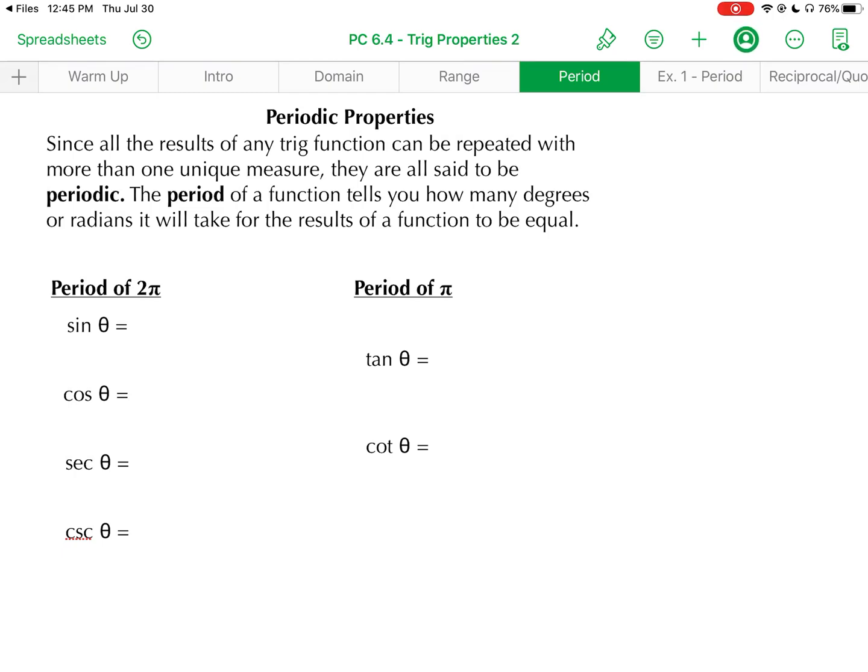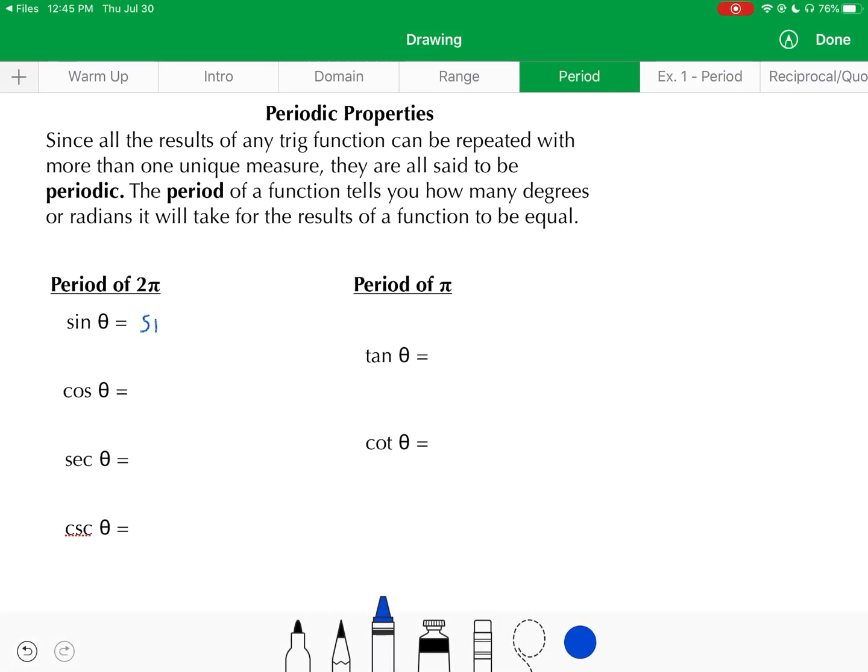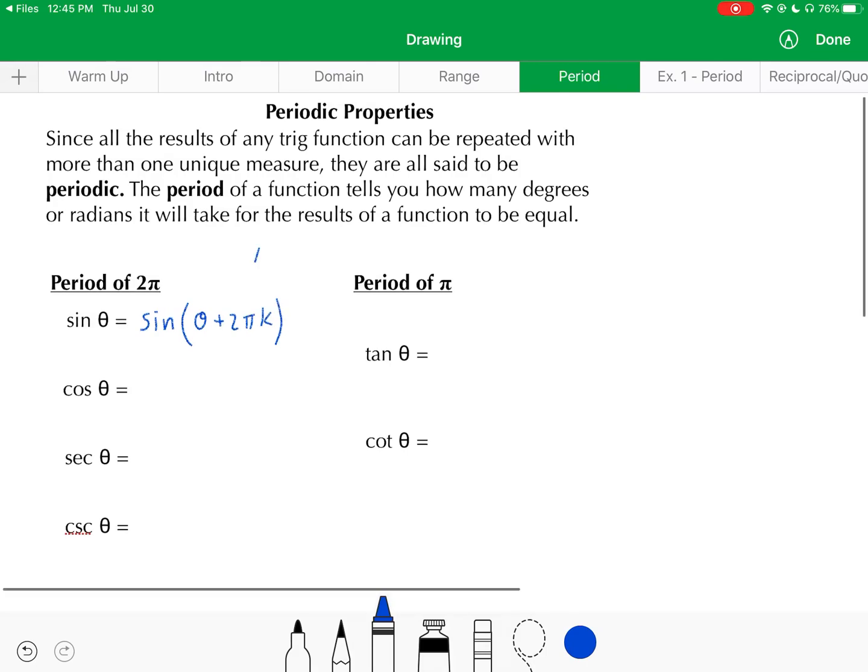So I'm going to say that the sine of the angle theta is equivalent to sine of my angle theta added with 2 pi k, where k, once again, is just an element of the integers. K represents an integer. Don't get confused by that notation. 2 pi k just means you're adding on a multiple of 2 pi. So 2 pi, 4 pi, 6 pi. It could be negative 2 pi, negative 4 pi, and so forth.